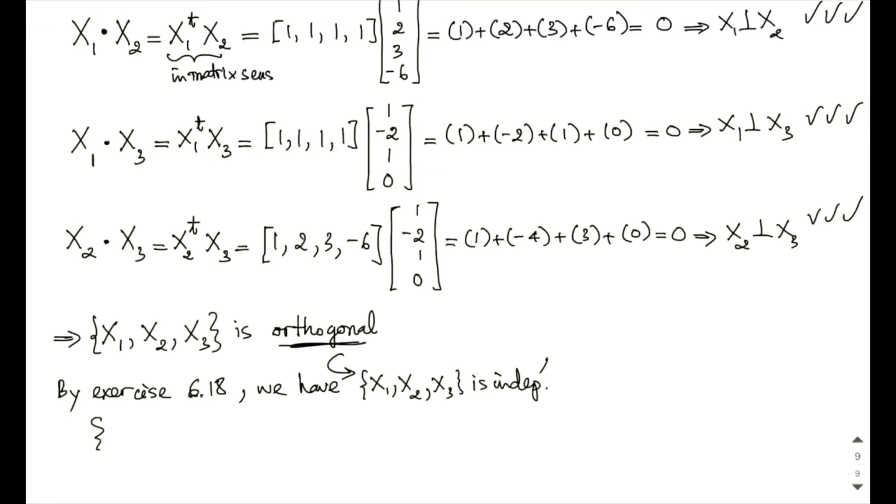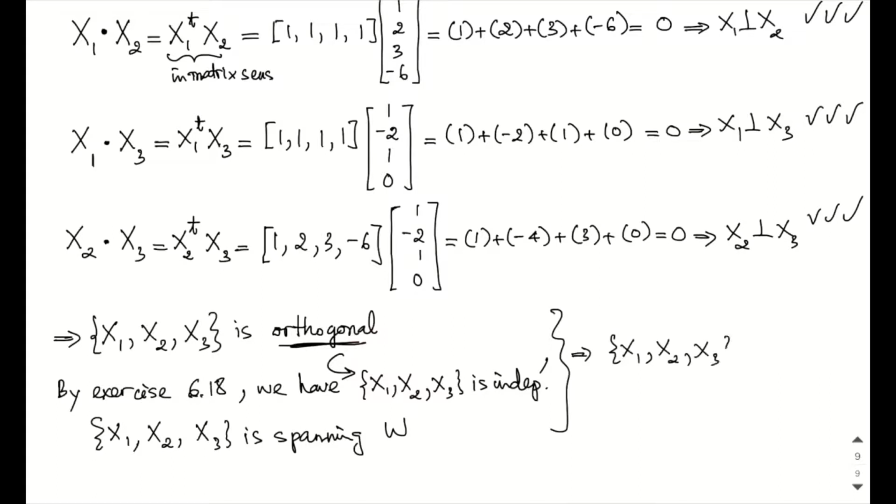Furthermore, the set of x1, x2, and x3 is the spanning set because W was given to be the span of the three, so they are actually spanning W. We don't have to prove anything. So now you have spanning, independent, and orthogonal. So that implies that x1, x2, x3 is an orthogonal basis. And then you can give a name for the basis here.